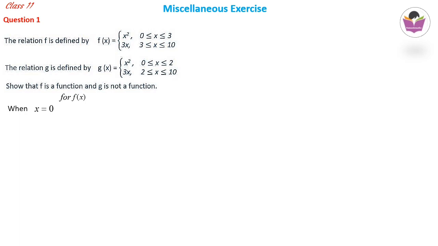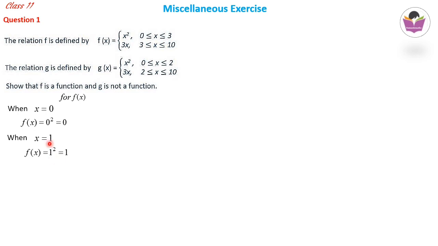First of all, I am taking x is equal to 0. If x comes as 0, your function will be x square. So f of x is equal to x square, that is 0 square equal to 0. Means x is equal to 0 gives y equal to 0. Next, when x is equal to 1, your function is x square, so f of x is equal to 1 square, which is 1.